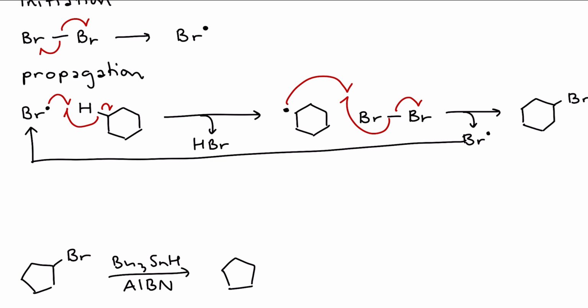So it is very useful, and you can have this reaction go on and on. That's why they call radical reactions chain reactions, because you can have another radical come into contact with another molecule, and the reaction just goes on and on.